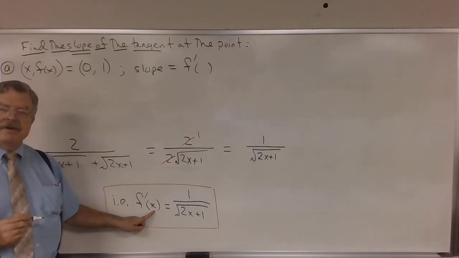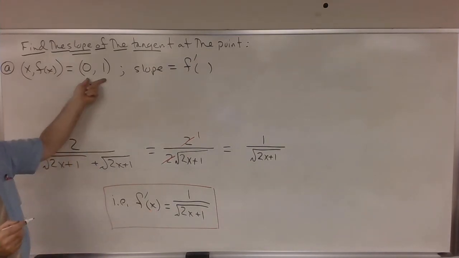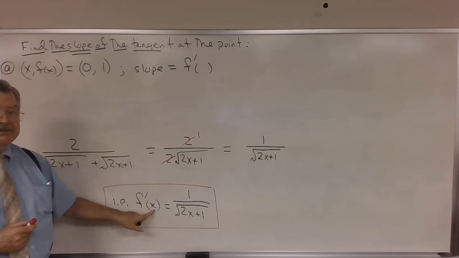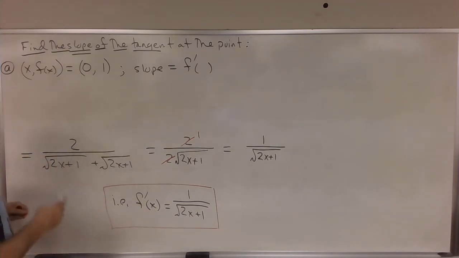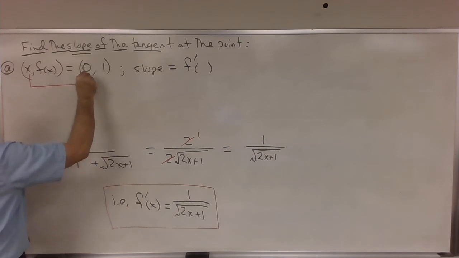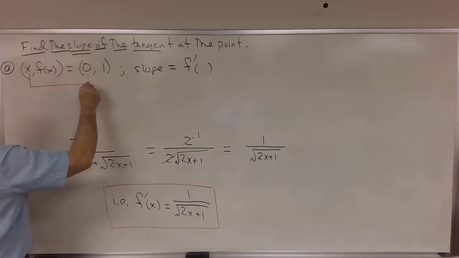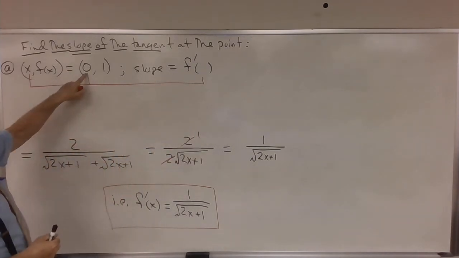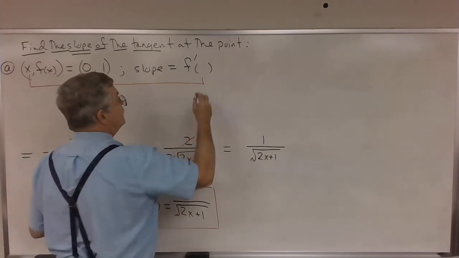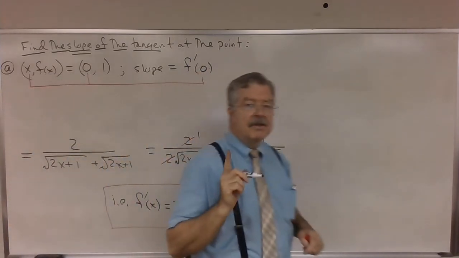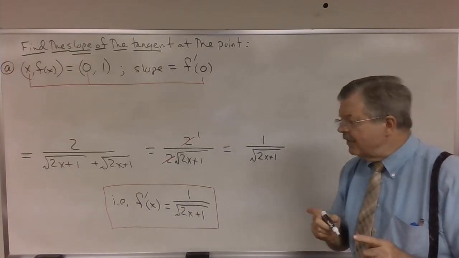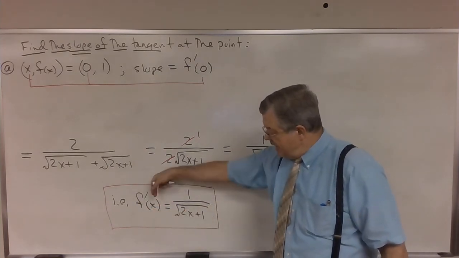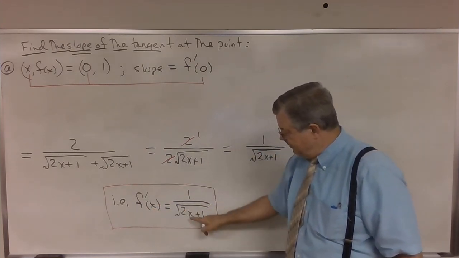So how do you think the derivative is going to tell me what the slope is at this point 0, 1? How will the derivative, which is a function of x, tell me what the slope is at this point 0, 1, where 0 is the x value? If you're thinking that I should take the x value and plug it into the derivative, you're absolutely right. That's exactly what I need to do. So I take the derivative f prime of x and I plug in 0 for x.